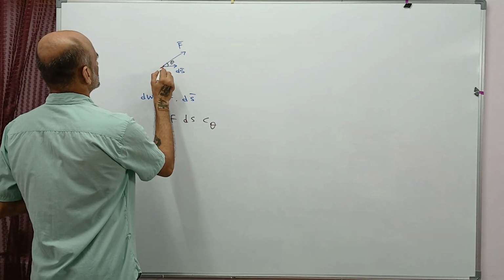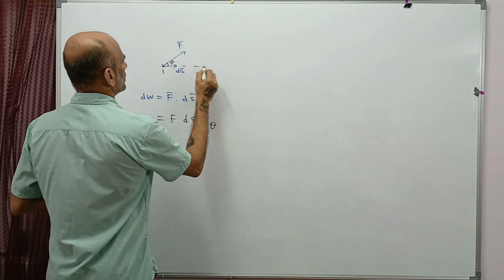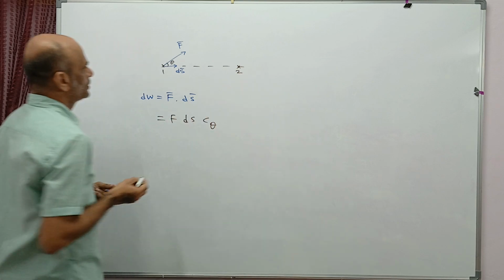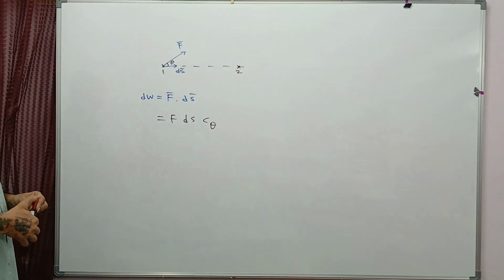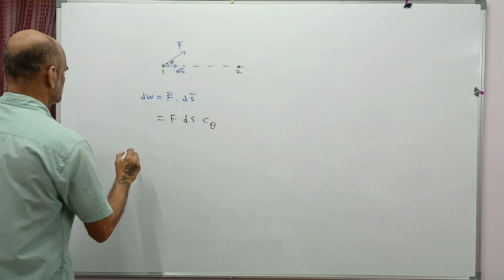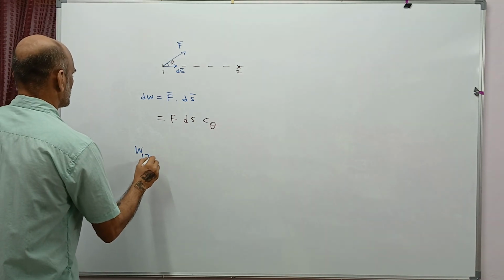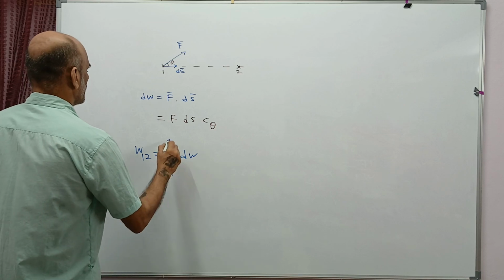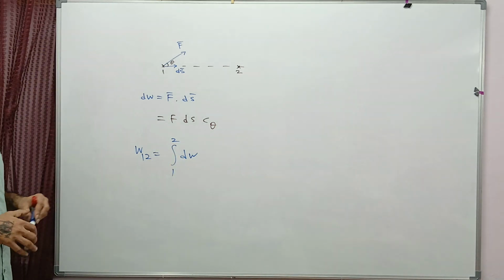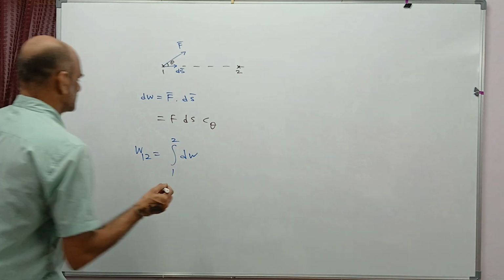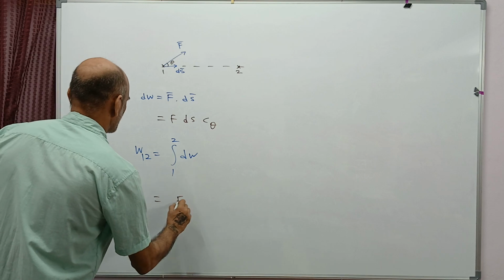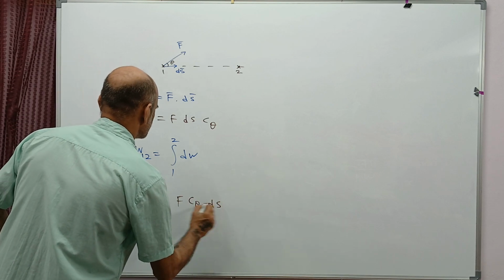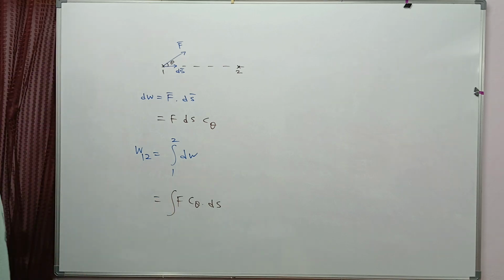But suppose you want to make a displacement from this point, say 1, to some point 2. So the total work done to go from 1 to 2 will be the integral of dW from 1 to 2. So this is the integral of F cos theta ds, from 1 to 2.